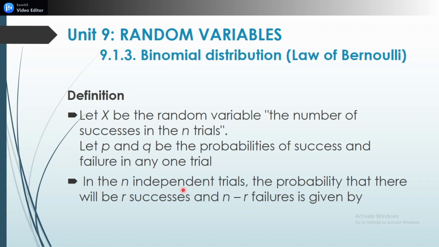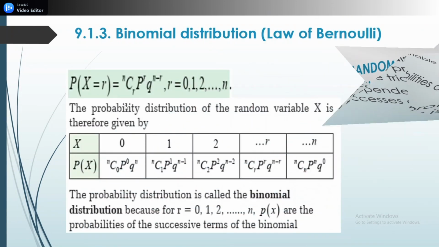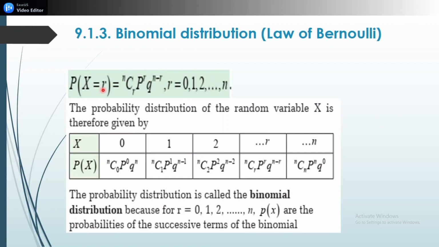In n independent trials, the probability that there will be r successes and n minus r failures is given by the probability of X equal to r, where r is the number of successes, which is equal to the combination of r in n times the probability of success to the power r times the probability of failure to the power n minus r, when r is equal to 0, 1, 2 till n.